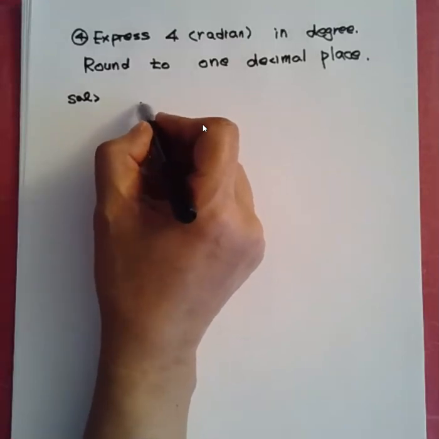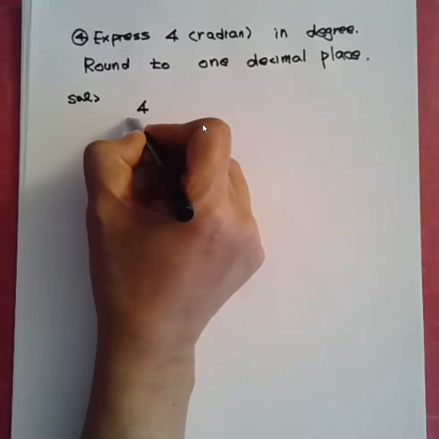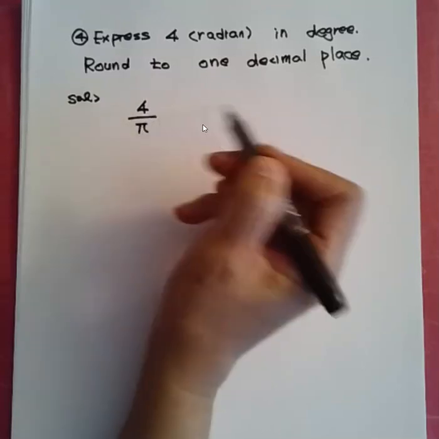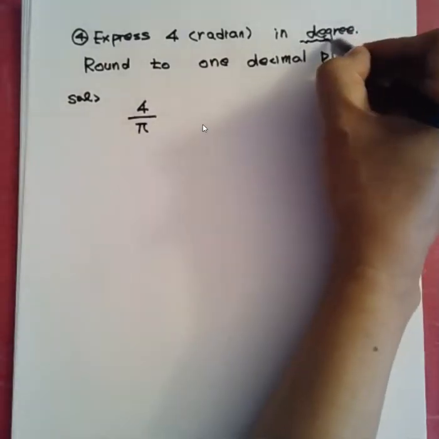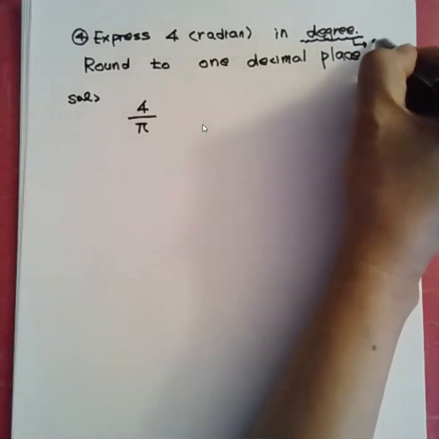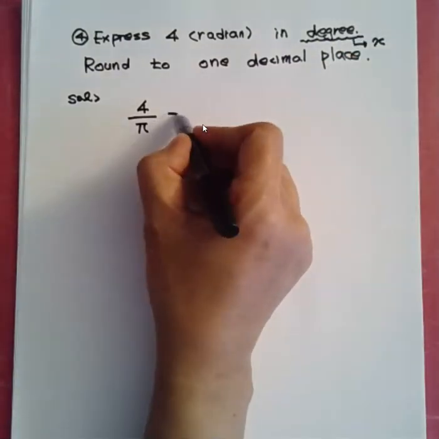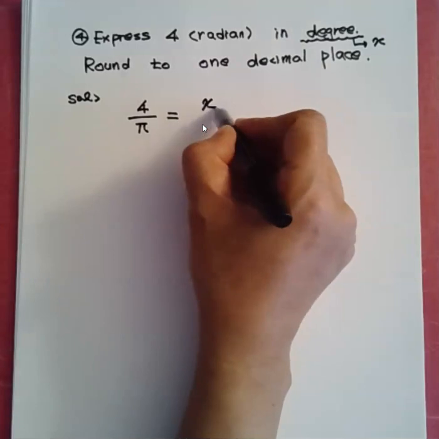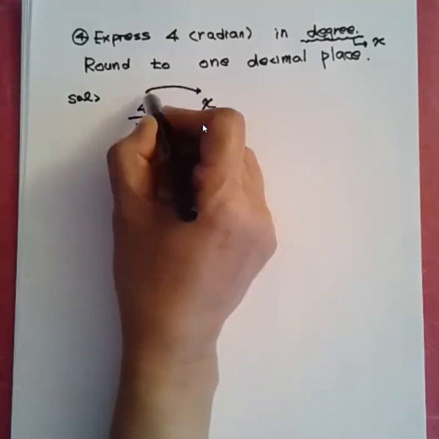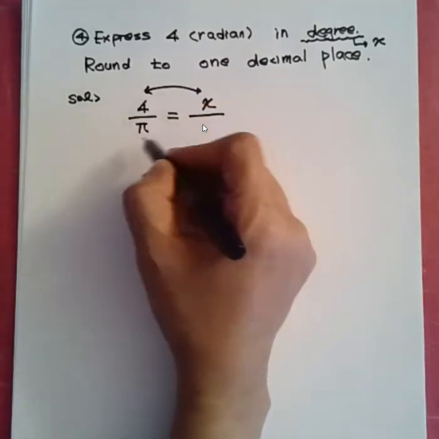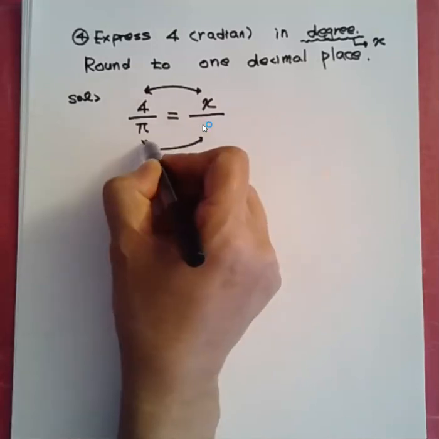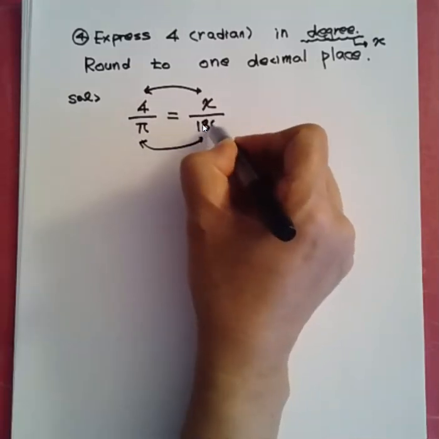Radian is given, so let's compare that with pi. Pi over 4. Again, degree corresponding to 4 radian will be written as x. Pi corresponds to 180 degree.